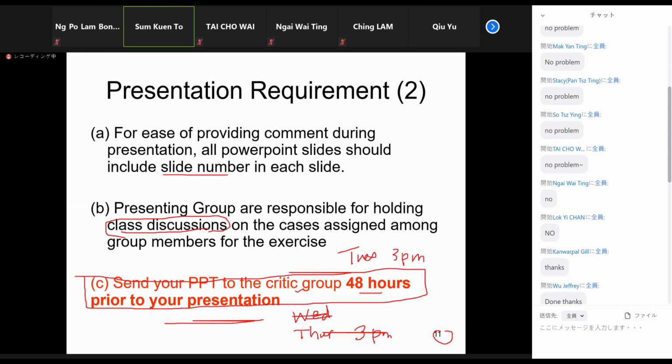Okay? Up to now, I hope it's clear to you, even though I have a lot to say to talk about the requirements. Okay? And let's move on. Okay, I highlight in red color. Make sure you send it 48 hours in advance to the critique group.